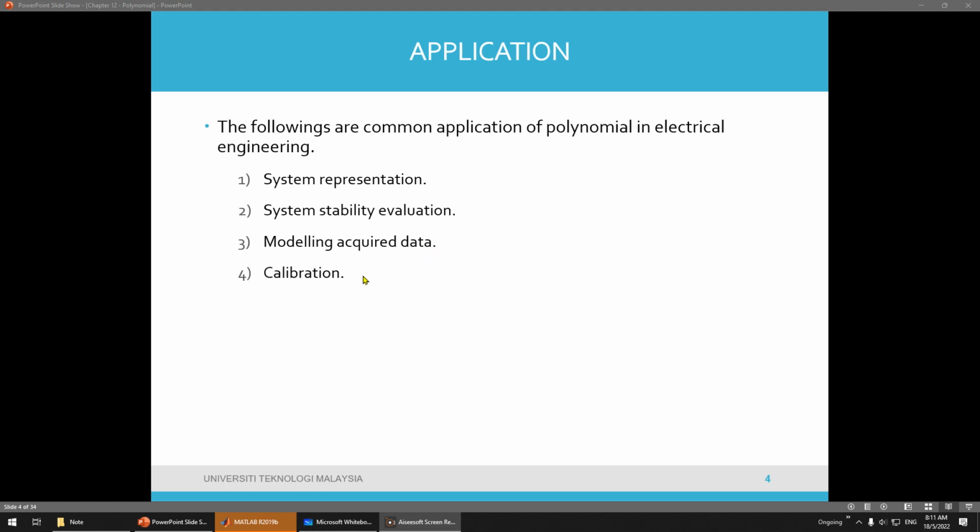So basically you can use polynomials in a lot of things, especially in control. Maybe you are in the first year, so you don't know what control is yet, but if not mistaken, you will learn this in year 2 and year 3. So you will use this if you have the knowledge on how to use polynomials in MATLAB. It will help you greatly in your next learning.